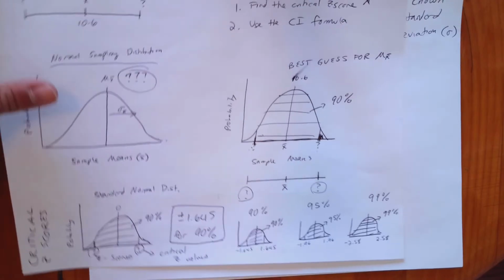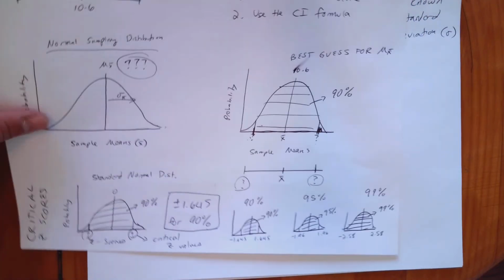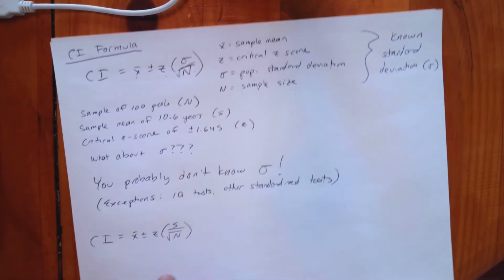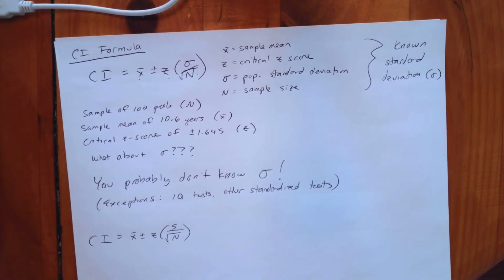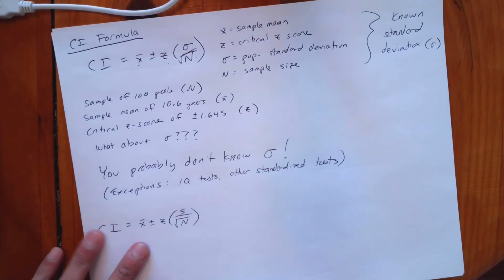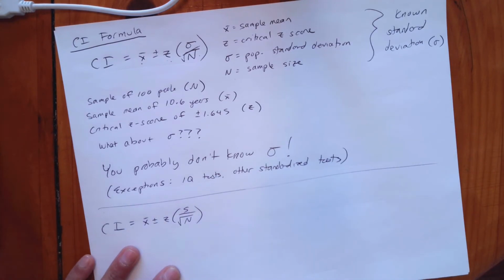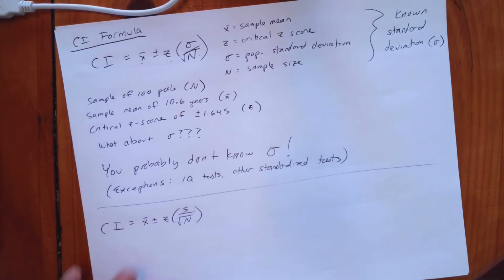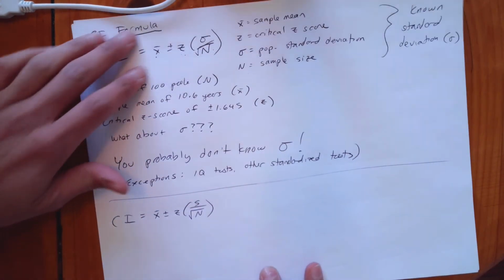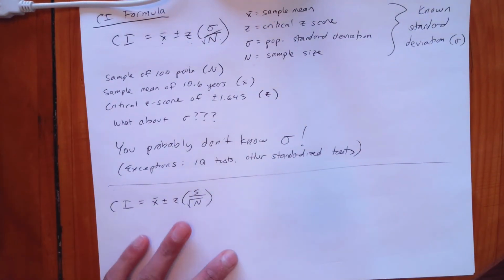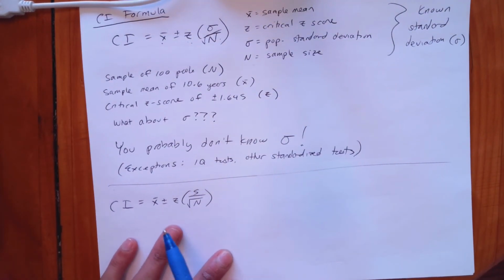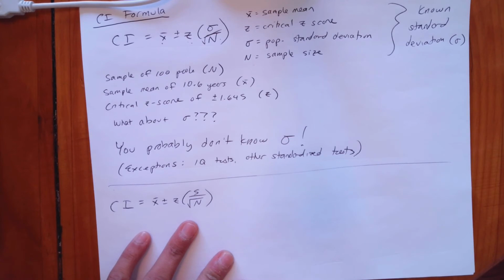So your best estimates and the basis for what we're doing come from a world in which you know the population standard deviation, like you would if you were doing something with scores from an IQ test. So that's why I show you that one first, even though it's rarely used in practice because, like I said, you probably don't know this value. But what we use instead is going to be a confidence interval formula with an estimated standard error.